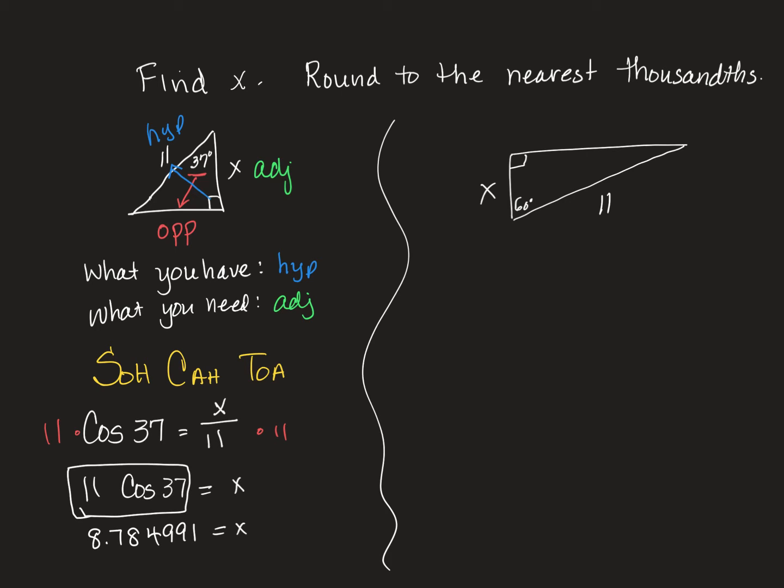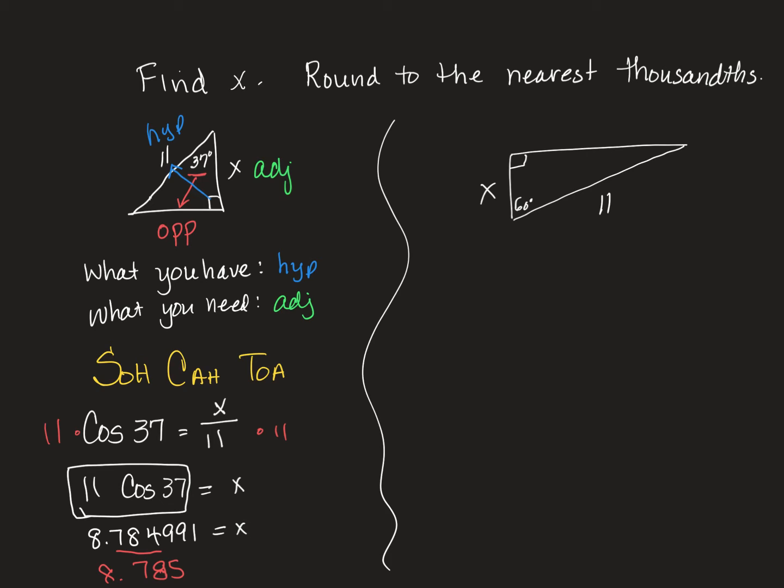Okay, then my directions tell me to round to the nearest thousandths. So remember, this is tenths, hundredths, thousandths. That means I want to round to here. So that 9 tells me this is 8.785. There we go, I'm rounding there. That is my answer.